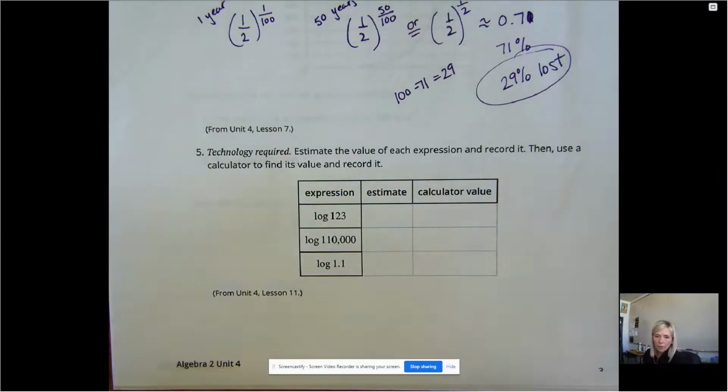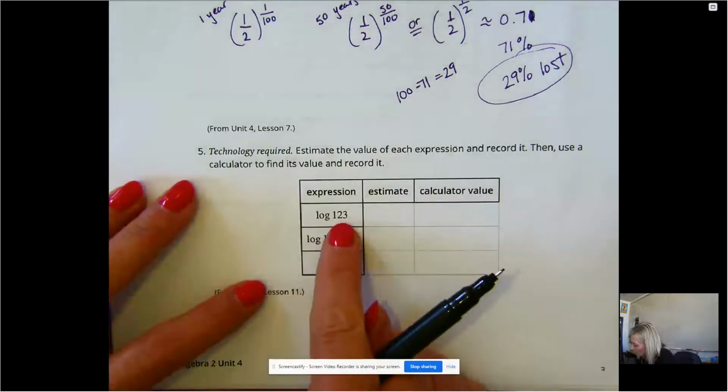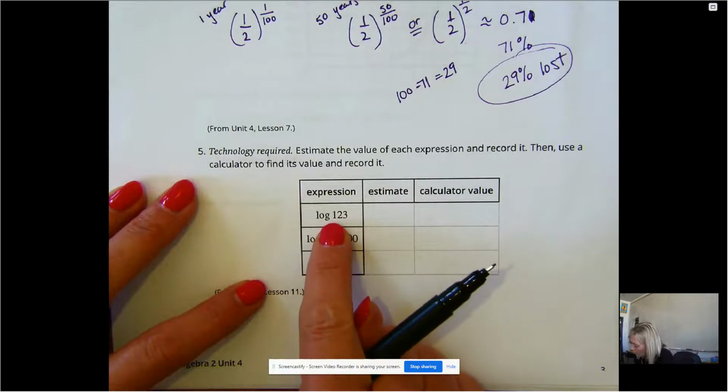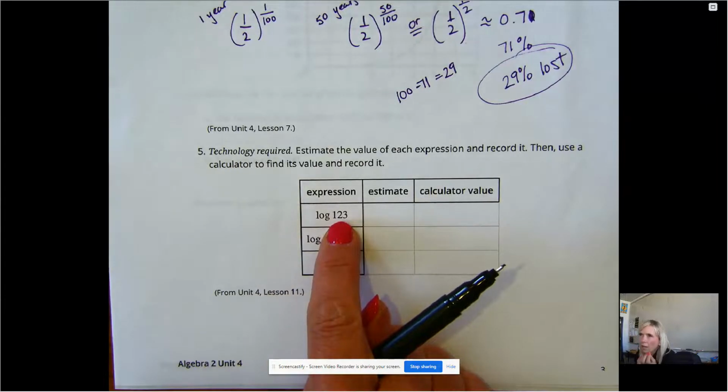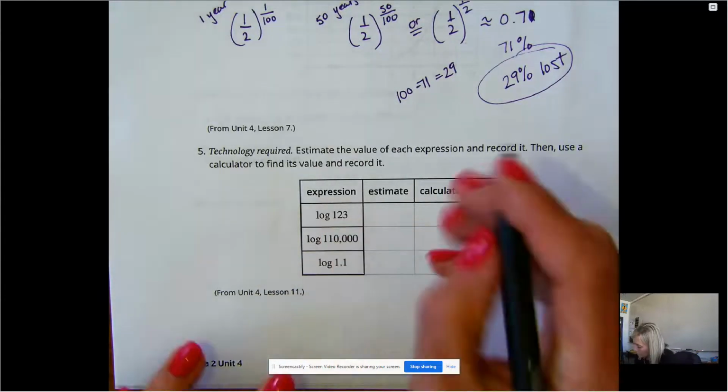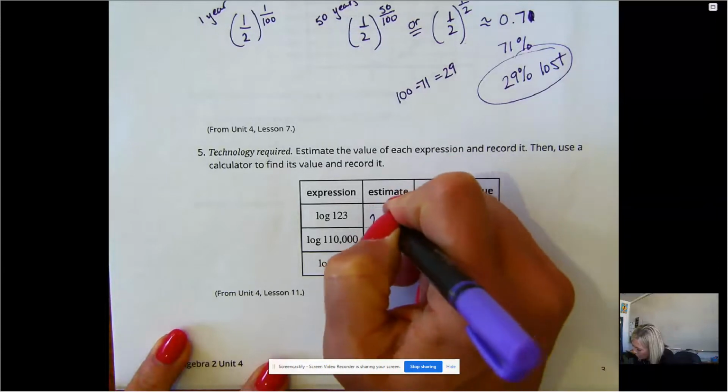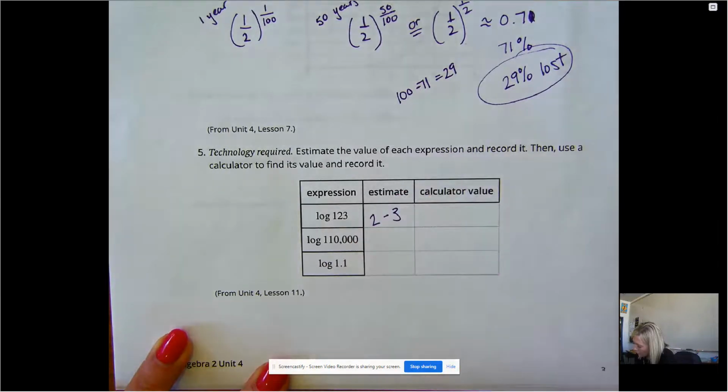Okay, all right, so the log, we're going to do some estimates, and then we're going to do some actual values in the calculator. So I know this is base 10, right? And so I know that 123, well 10 squared is 100. This is more than 100, but it's less than 10 to the third. So I'm going to say between 2 and 3.